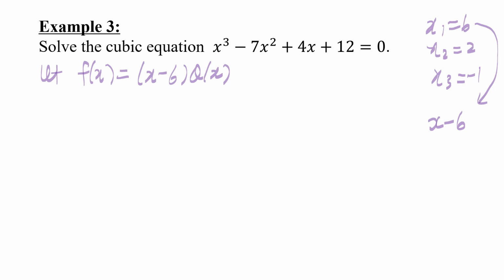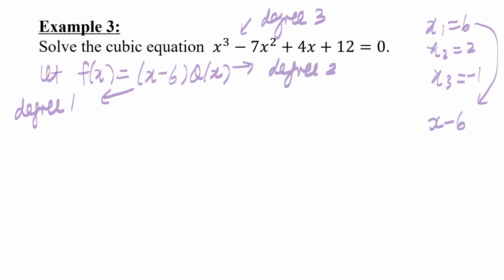As we have explained before, if this one is of degree 3 and your factor is of degree 1, then your quotient will be of degree 2. So this will be x minus 6 multiplied by ax squared plus bx plus c.